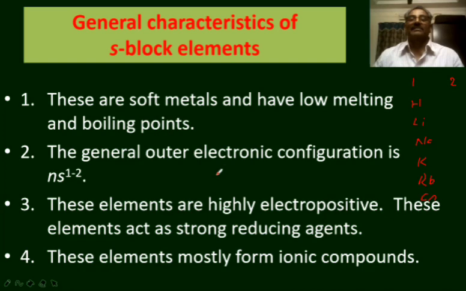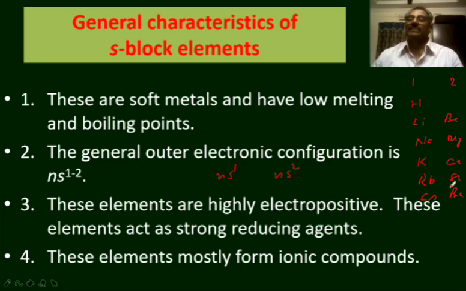General electronic configuration is ns1. In the second group, the general electronic configuration is ns2. The elements in the second group are beryllium, magnesium, calcium, strontium, barium.